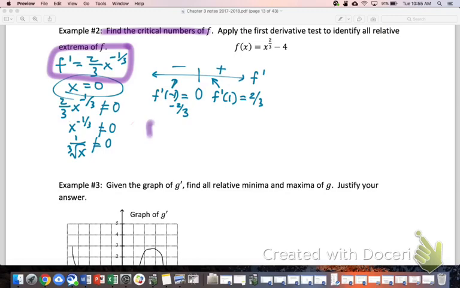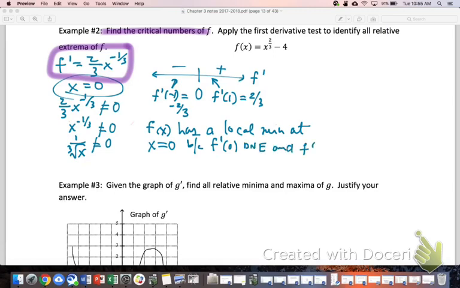We'd say something like this. f of x has a local, or you could say relative, min at x equals 0 because f prime of 0 does not exist and f prime changes from negative to positive at x equals 0. So we're using the first derivative test where we're looking for a sign change in f prime, and that would be an example of one way you could write a conclusion.